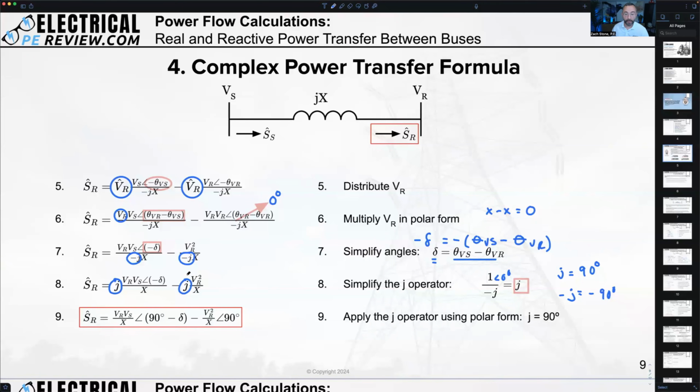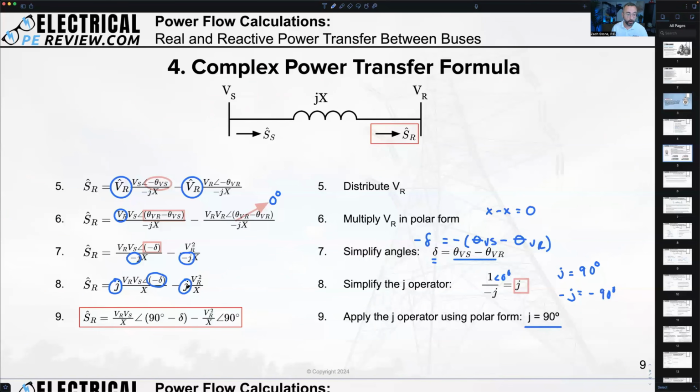All right, last step. We're going to apply the J operator, going from rectangular to polar. J is equal to 90. What do we do to the angles when we multiply two complex numbers? We add their angles. So whatever my angle is here, I'm going to say plus 90 degrees. So I've got negative delta plus 90 degrees, or 90 degrees minus delta.